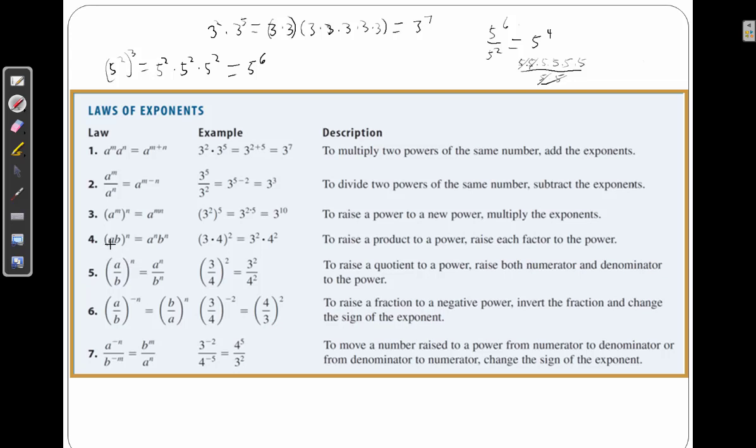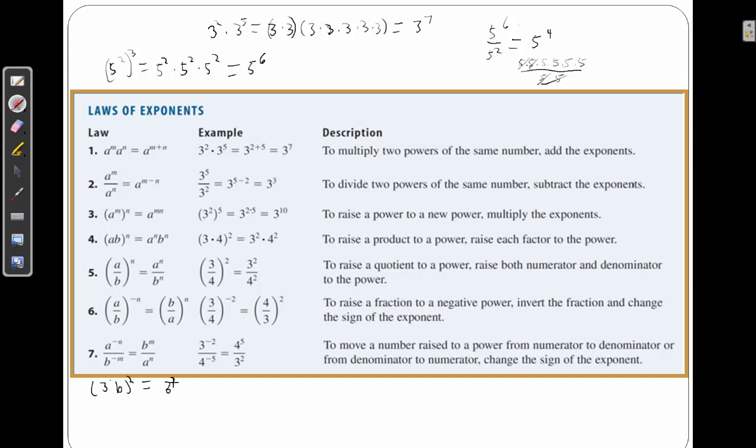Law 4 shows you that exponents distribute across a multiplication. Law 5 shows the same thing for a division. If you have a multiplication inside of parentheses, the exponent will distribute through.